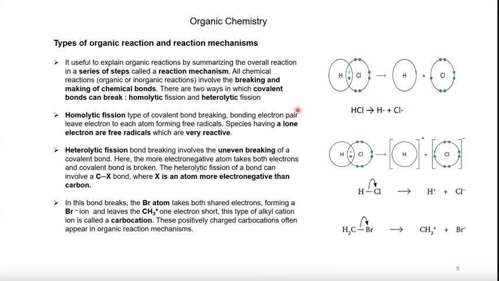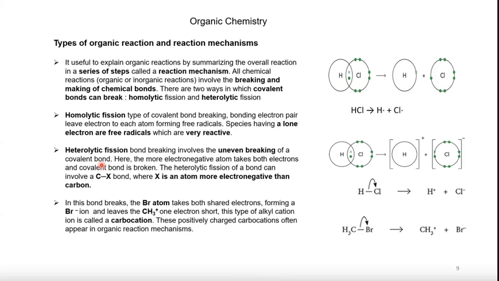Now the heterolytic fission. It is a covalent bond, and you know that we have an electronegativity difference in covalent bonding, which makes it a polar covalent bond. Heterolytic fission is the uneven breaking of a covalent bond.